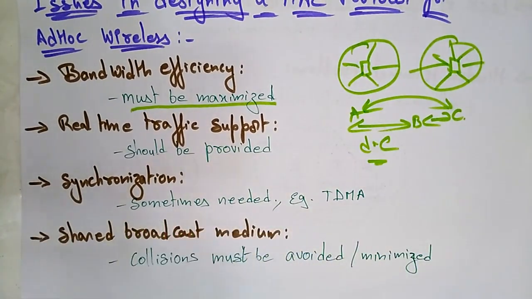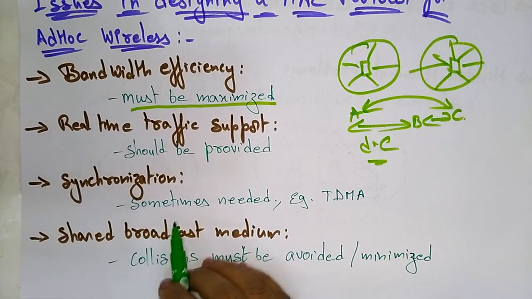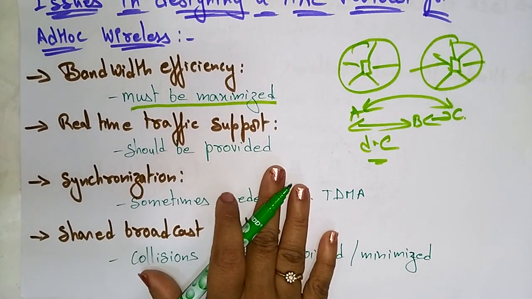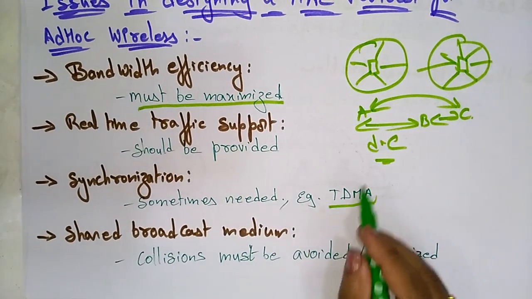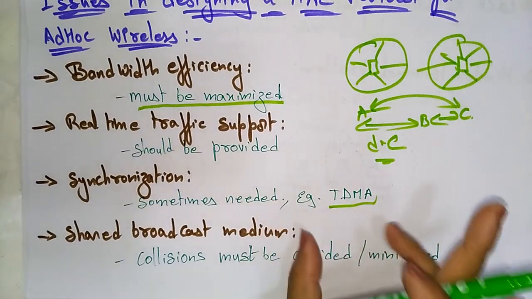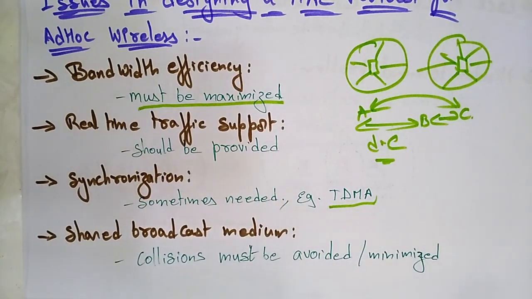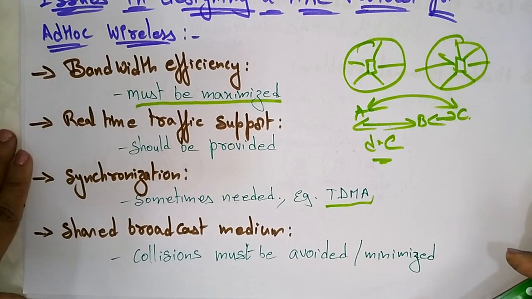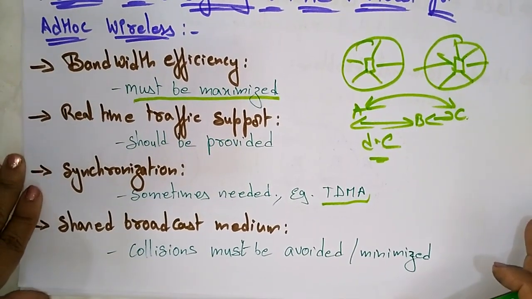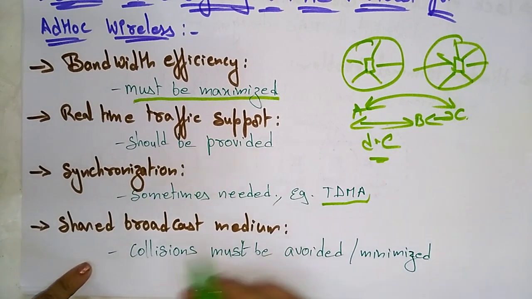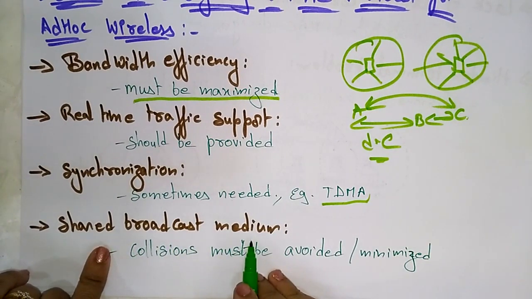The next design issue is synchronization. Sometimes synchronization is needed. In the case of TDMA, time division multiple access, synchronization will be required while dealing with ad hoc wireless networks. The next design issue in the MAC protocol for ad hoc wireless is the shared broadcast medium.